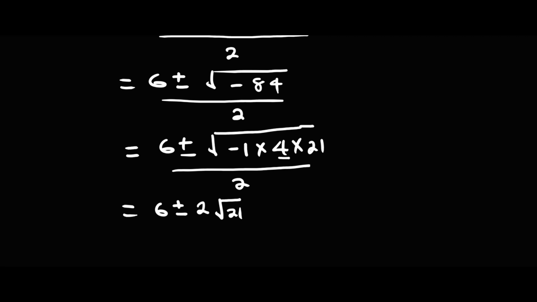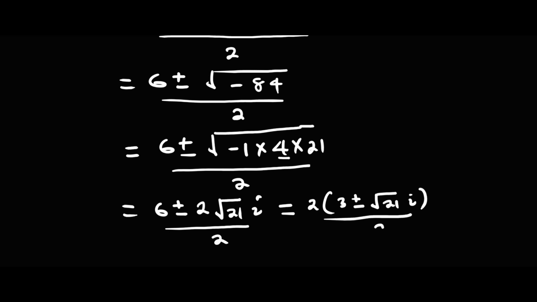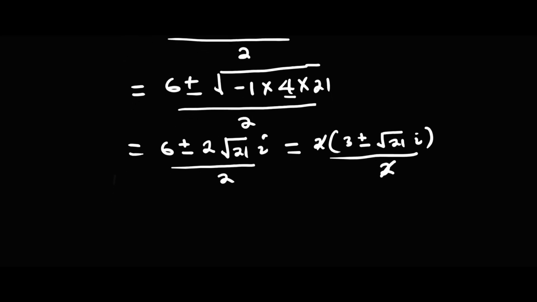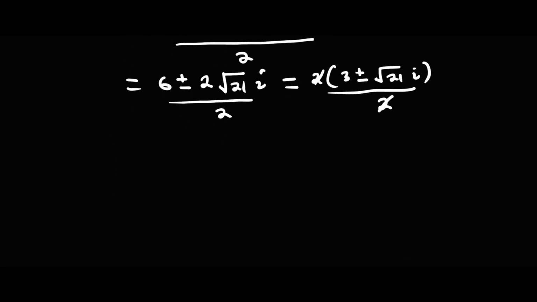Then root of negative 1 is i. So that is over 2. So this one can be simplified. You can factor out 2, so that you have 2 into 3 plus or minus root of 21 i, and that is over 2. So 2 here ones, 2 here ones. So it means the expression that you are left with is 3 plus or minus root 21 i.